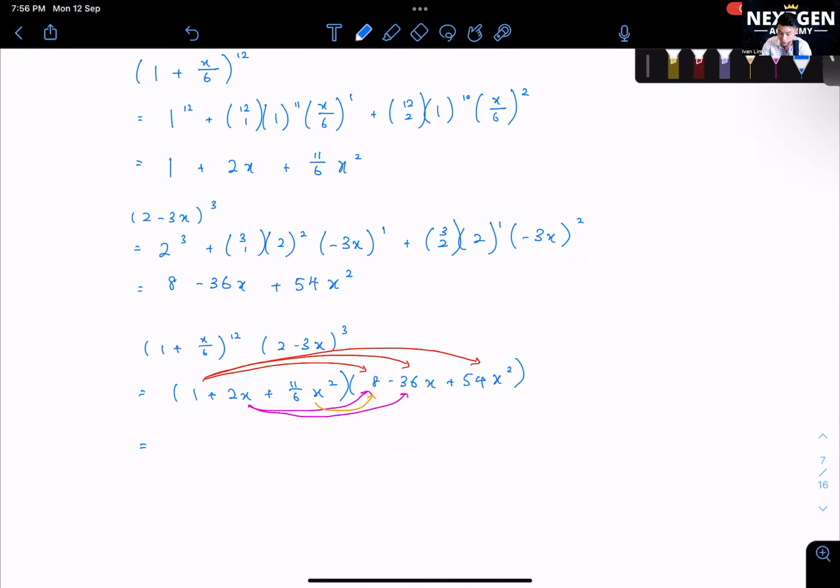What I teach students also, you can write it like this. 1, then 8 minus 36x plus 54x squared, plus 2x, 8 minus 36x plus 54x squared, then plus 11 over 6x squared, 8 minus 36x plus 54x squared. This one can help you see clearer.